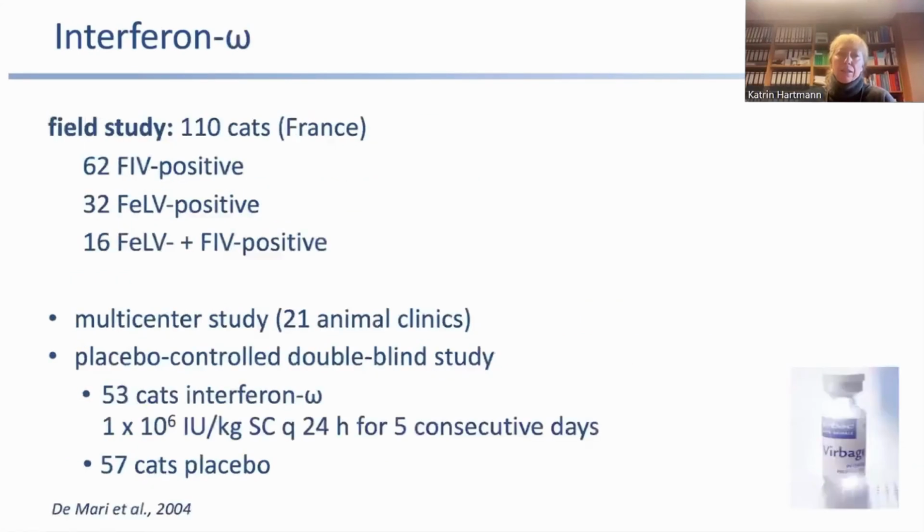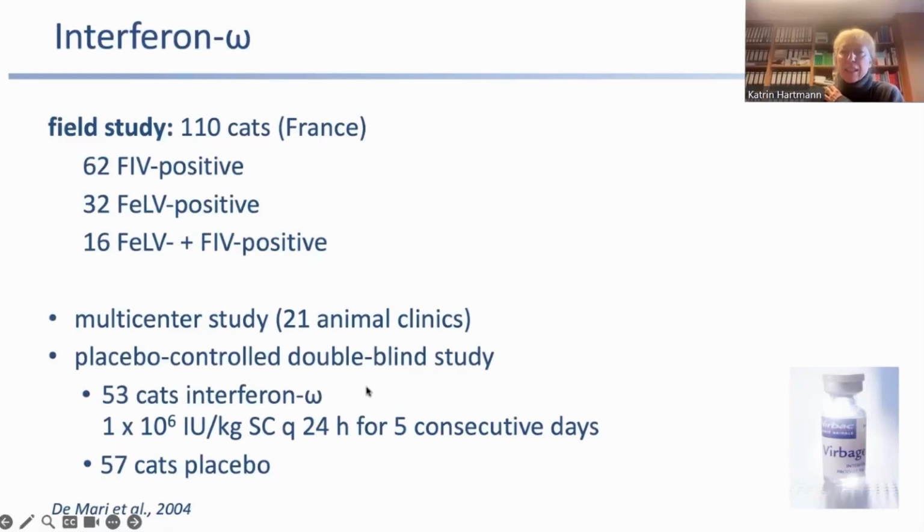Now, we don't have a lot of really good prospective controlled studies, unfortunately. So it's very difficult to make an assessment if it really is working. There is one field study from the company Virbac who looked at 110 cats, where they treated cats with interferon or with placebo.